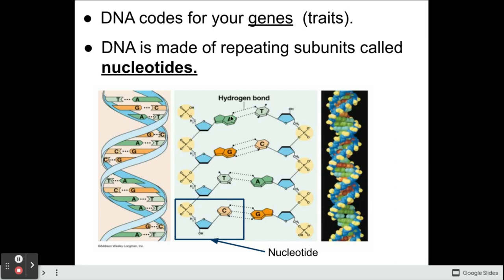We have one side, it's actually a double helix, so there's two spirals going around each other. So here would be one side, and here would be another side that's being held together by hydrogen bonds in the middle. And a nucleotide is basically one of these units where you have a phosphate, sugar, and a base. We'll see that in the next slide.